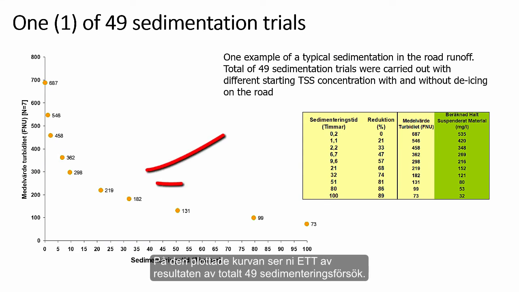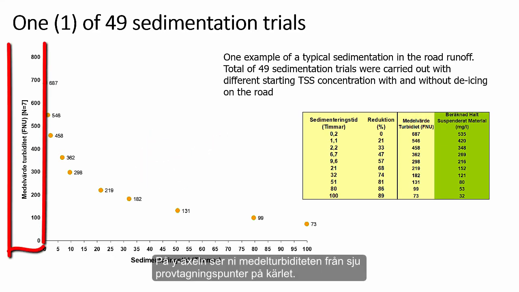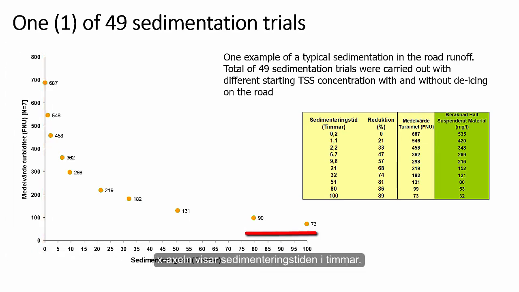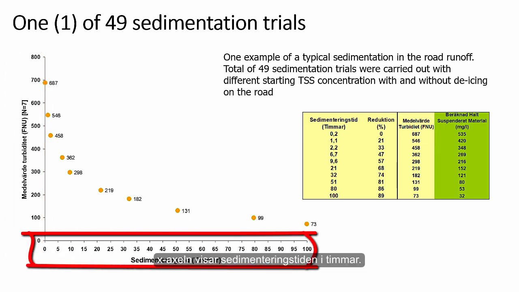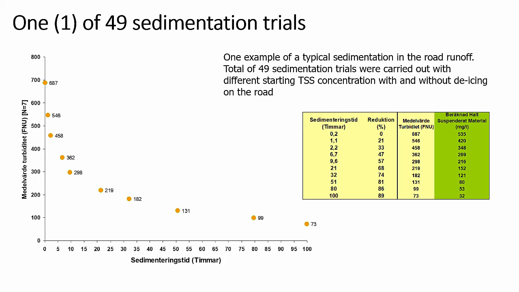On the plotted curve, you see the result of one of a total of 49 sedimentation trials. On the y-axis on the graph, you have the average turbidity measured in the sedimentation vessel. On the x-axis, you have the sedimentation time in hours, and the plotted orange dots are the measured turbidity over the sedimentation period.